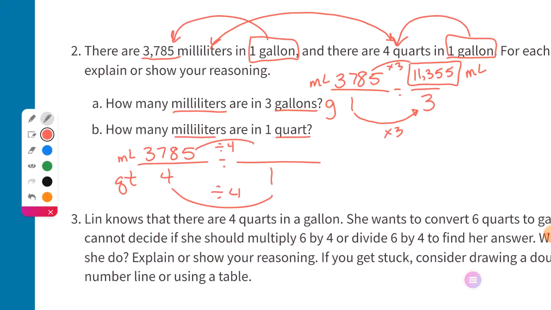946.25. Label would be milliliters. And that actually gives me the conversion for quarts to liters.